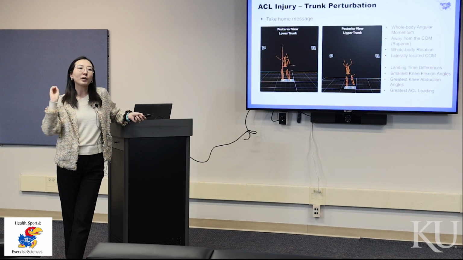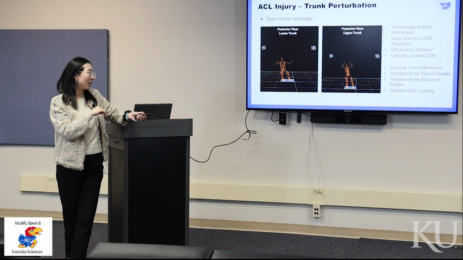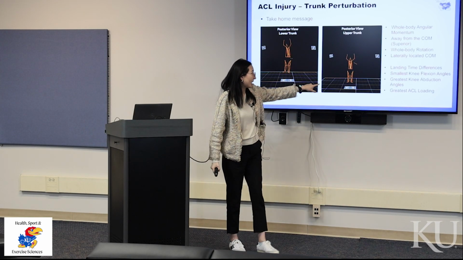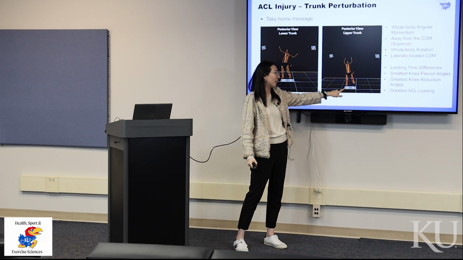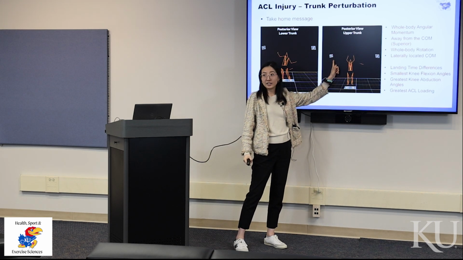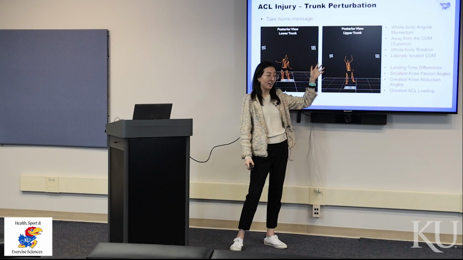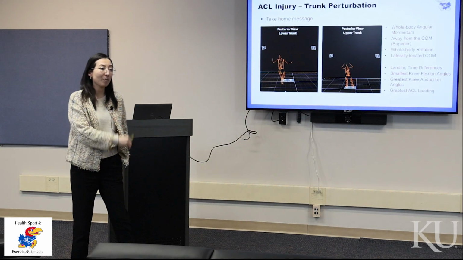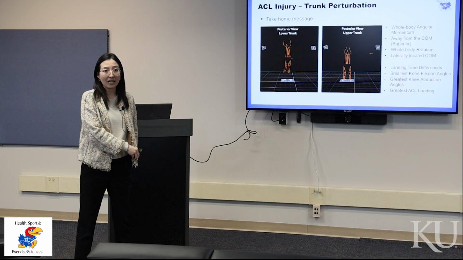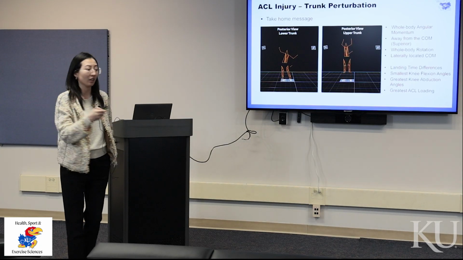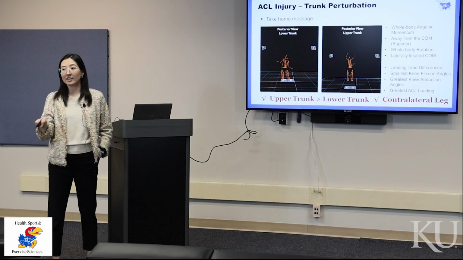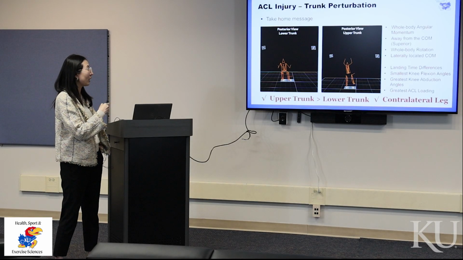When the perturbation happened at your trunk, if you look at those red arrows showing up here, that is what the force plate is measuring. You can tell how big it is just by seeing the length of it. So when the perturbation happened, the opposite leg had a greater injury risk compared to the ipsilateral side, and the upper trunk had a greater ACL injury risk compared to the lower trunk.